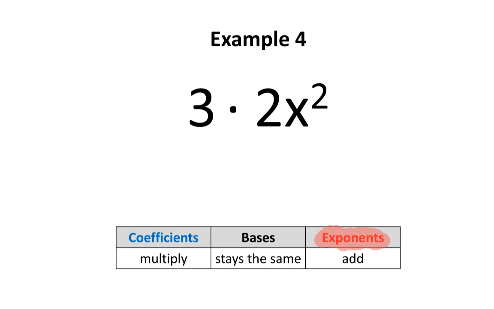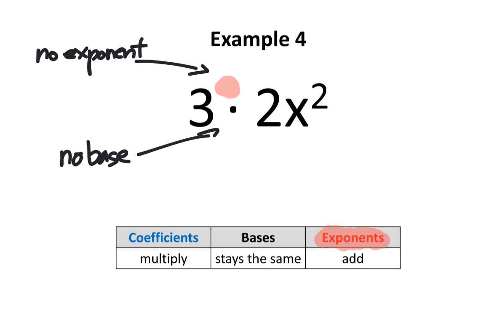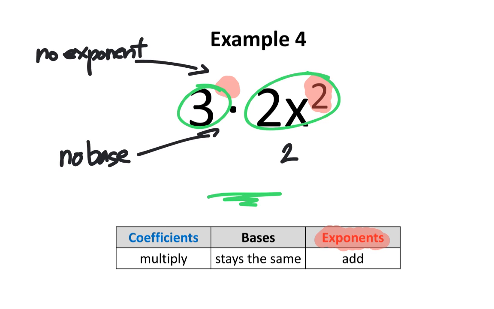Well, since we do not have a base for our first term, that means you don't really have an exponent. While over here, the exponent would be the number 2. Therefore, you can just leave that as 2. Therefore, 3 multiplied by 2x to the power of 2 gives you 6x to the power of 2.